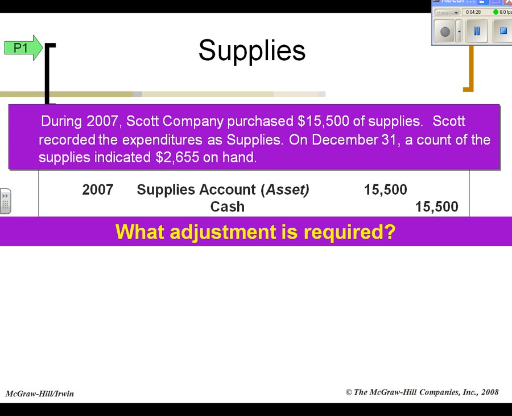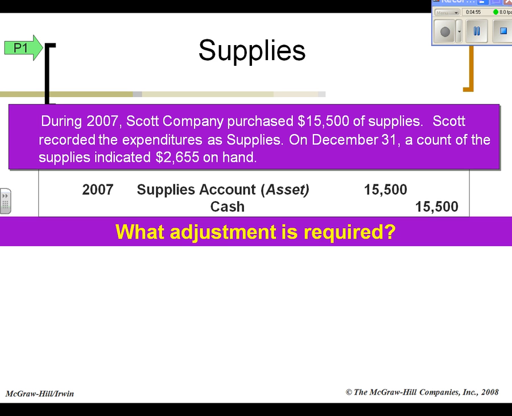So let's just first look at the initial entry. This is where we're deferring. In 2007, he's going to record this asset supply account for 15,500, and then he'll show that he paid cash. But remember, an expense not incurred cannot be shown on your income statement even if you paid for it.